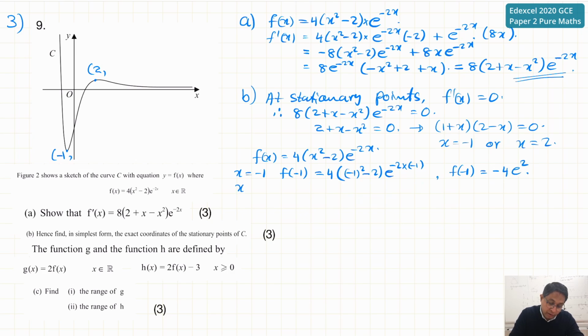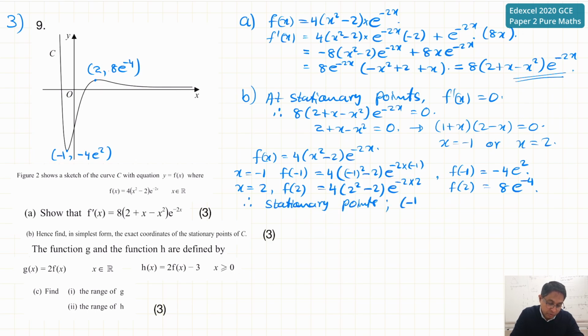Now substitute x equals 2, that is equal to 8e to the power minus 4. So the y coordinate at this point is minus 4e squared and the y coordinate at this point is 8e to the power minus 4. Therefore, we can write the stationary points as (minus 1, minus 4e squared) and (2, 8e to the power minus 4).